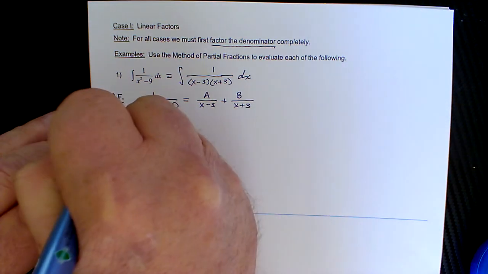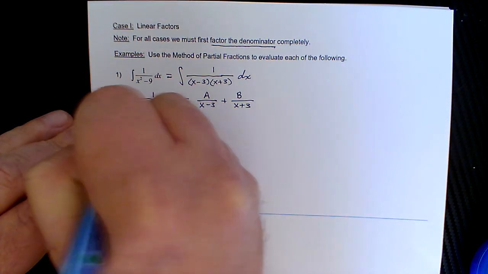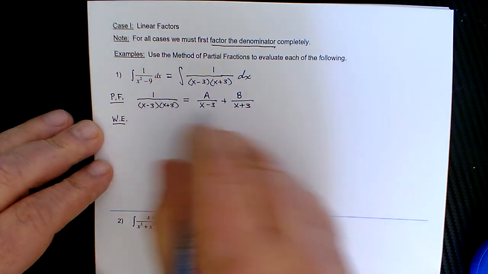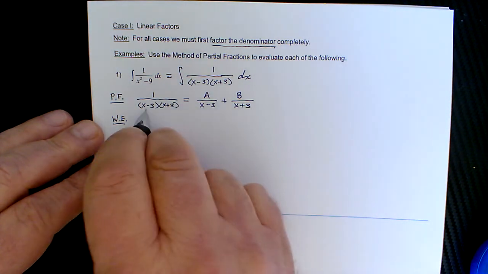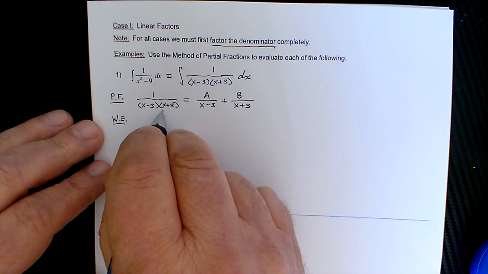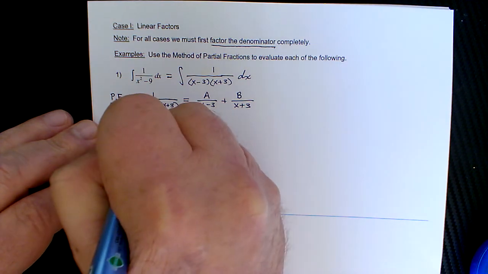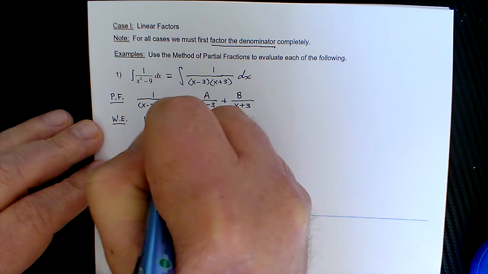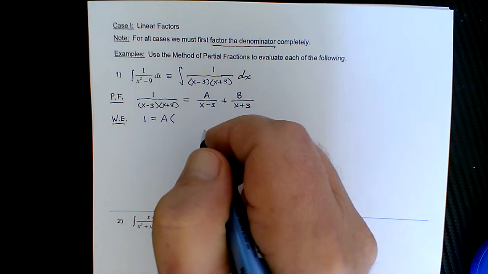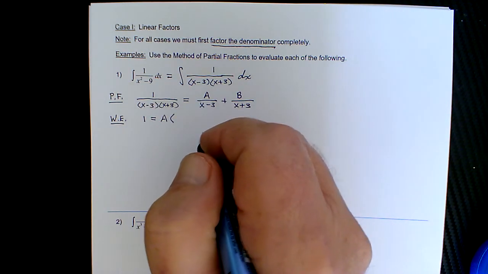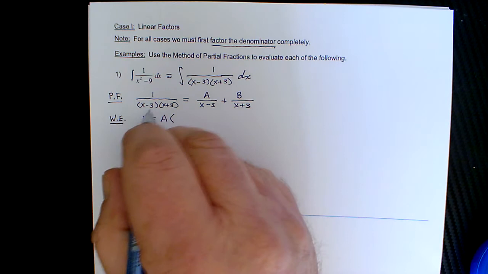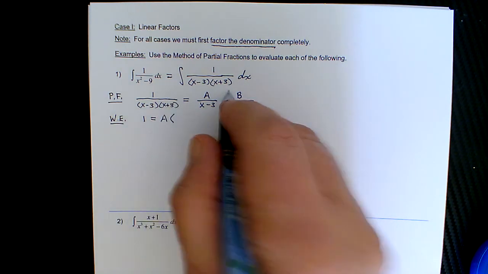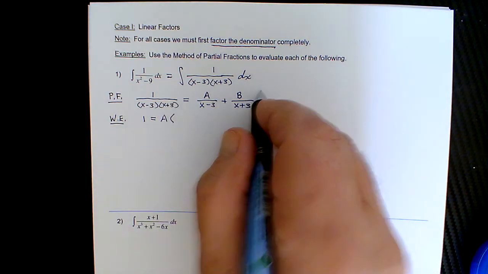So then we create what I call the working equation, and we do so by multiplying by the least common denominator, which is the denominator on the left. And so on the left, we're always just going to get the numerator, and you should be able to do this mentally. I mean, if you literally have to show that you're multiplying x minus 3, x plus 3 by each of these terms, that's fine.